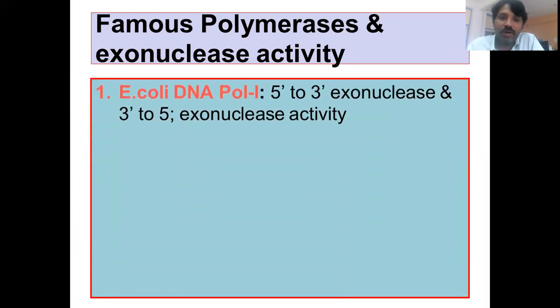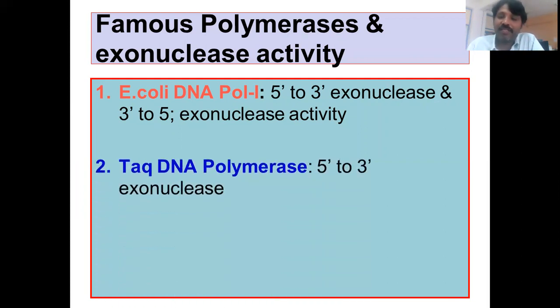Then we will see some famous, well-studied polymerases with exonuclease activity. E. coli DNA Polymerase has two exonuclease activities, 5' to 3' and 3' to 5', both required for replication and repair. Taq DNA Polymerase, used in PCR, is a thermostable polymerase with only 5' to 3' exonuclease activity.